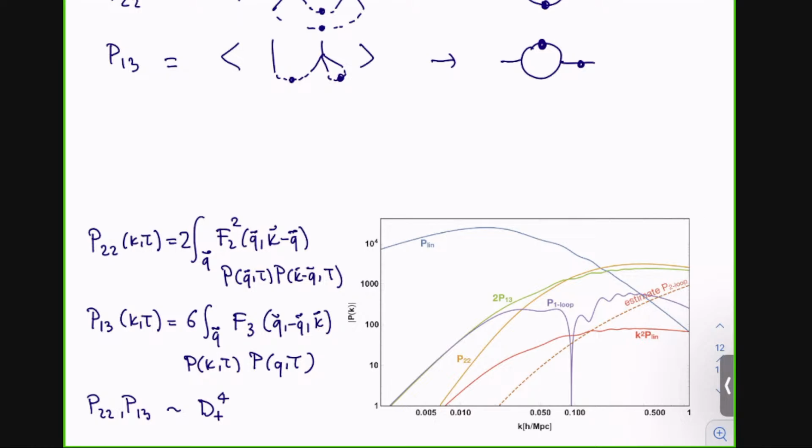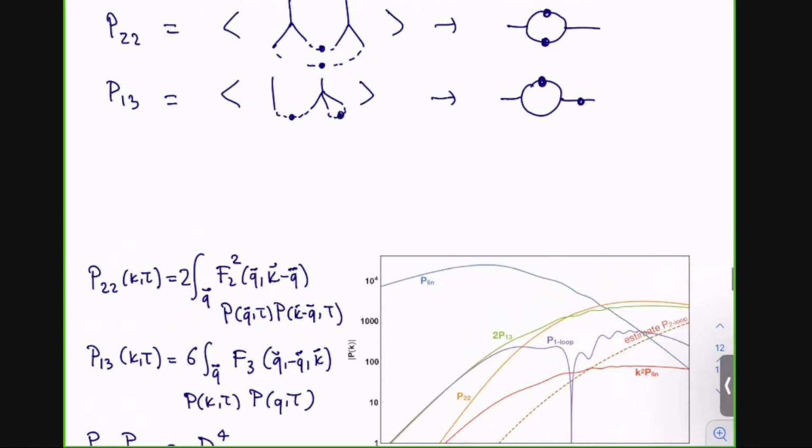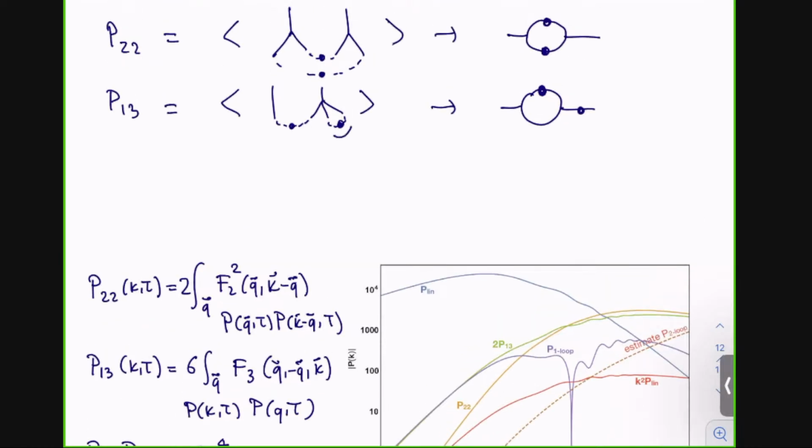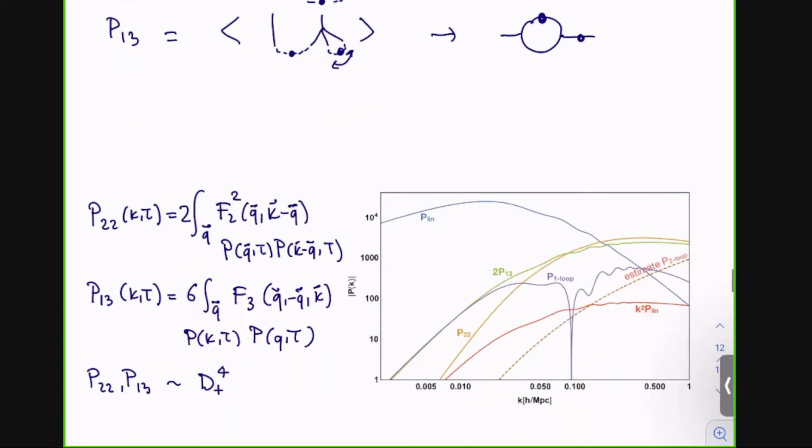And you see that in the cubic kernel F3, it is very important that we have this Q and minus Q. And this is a consequence of the fact that we are doing these contractions here, okay? So we are contracting two internal lines, and they're going to have opposite momenta in this expression. So these are some expressions that you can basically compute numerically.